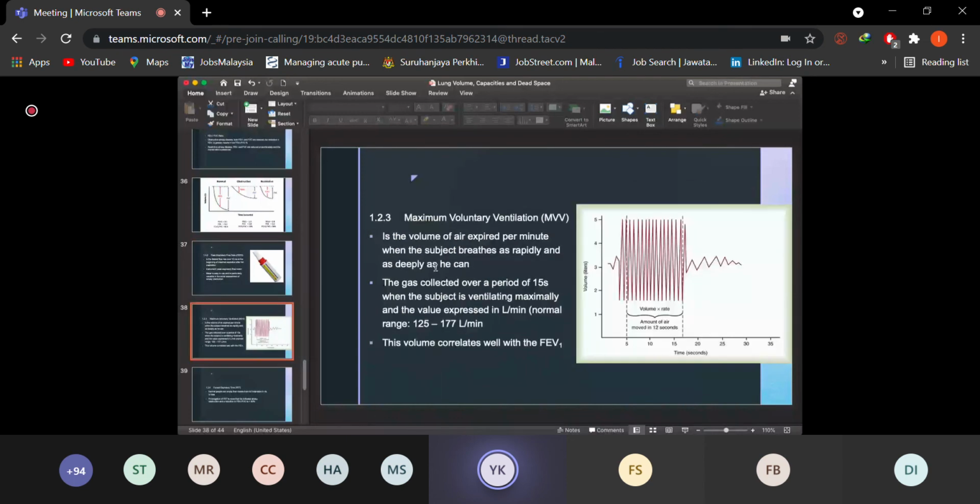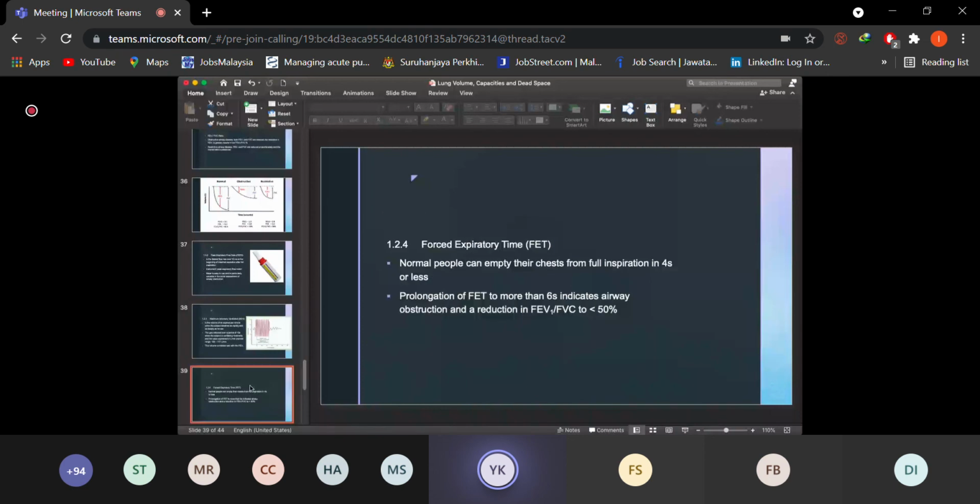The maximum voluntary ventilation is not that frequent, because we already have the FEV1. And the forced expiratory time, this one is also not that important.